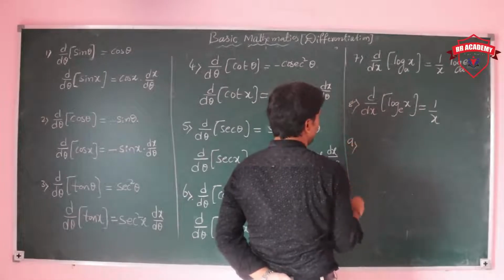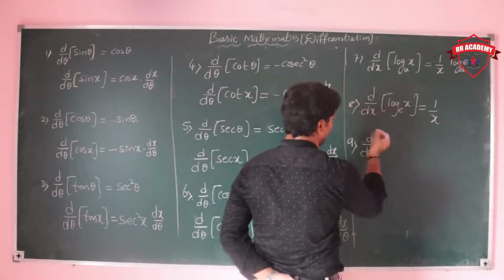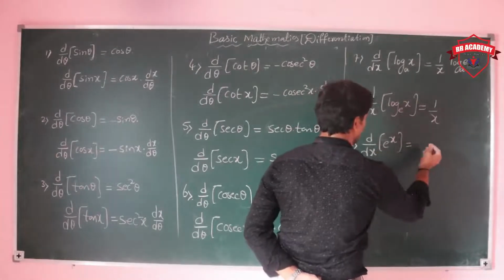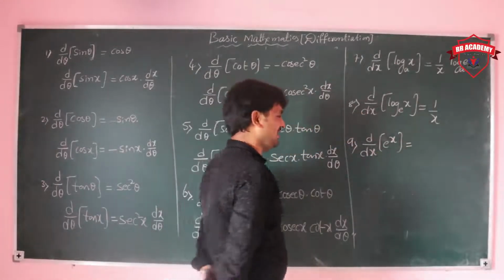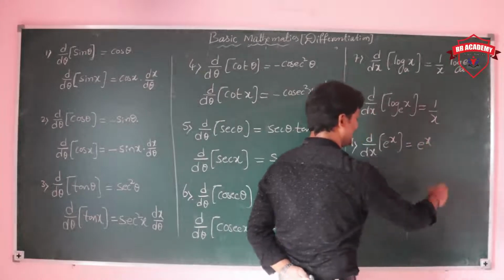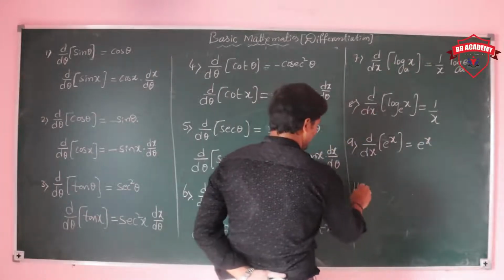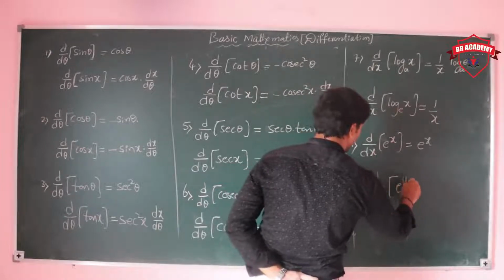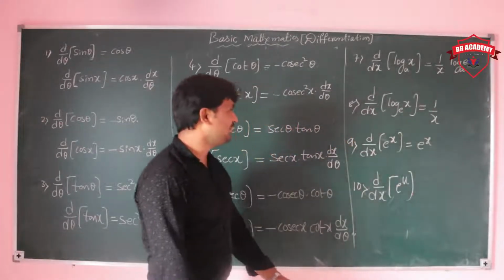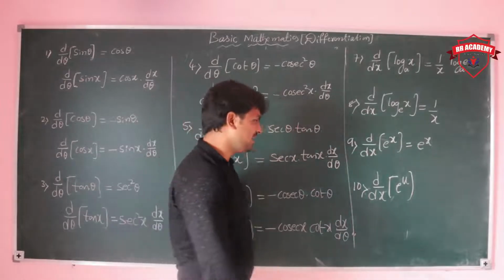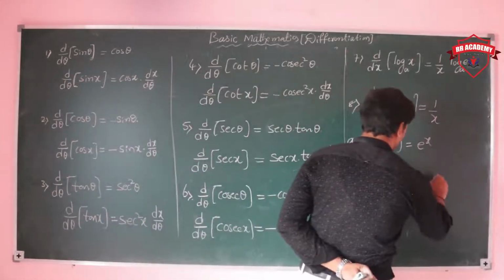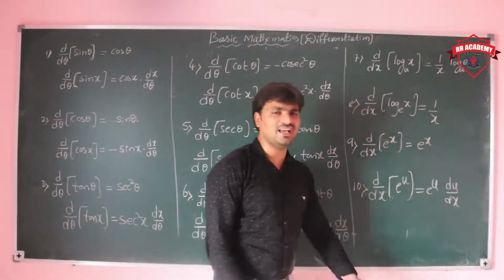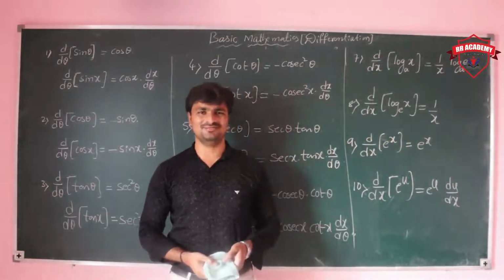In case you have d by dx of e power x, the value is simply e power x only, no change in that exponential. In case you have d by dx of e power u, that means simply you get e power u into du by dx. Why? Because u is another variable function.